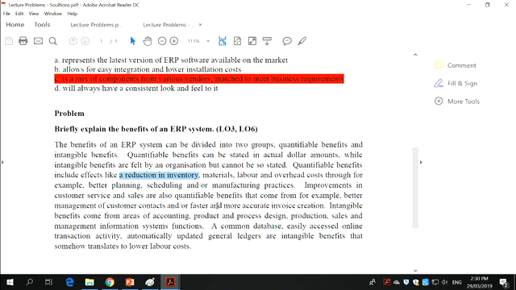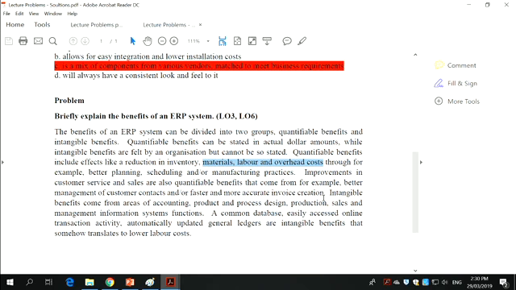Because with this reduction in inventories stored in the warehouse, they can figure out how much cost they can save, right? And another example, reduced material, labor, and overhead expense after the company used the system. So on and so forth. These are some examples of quantifiable benefits.